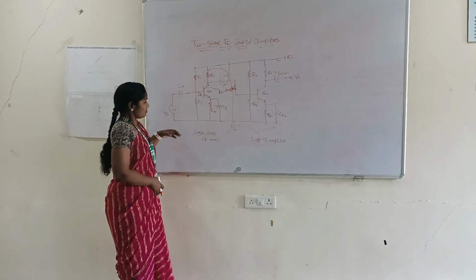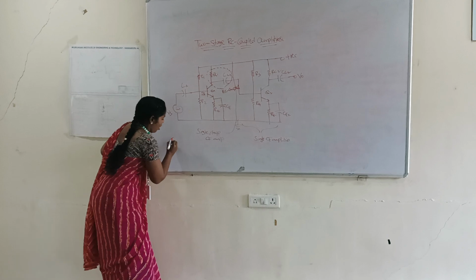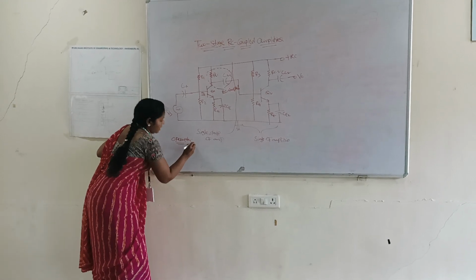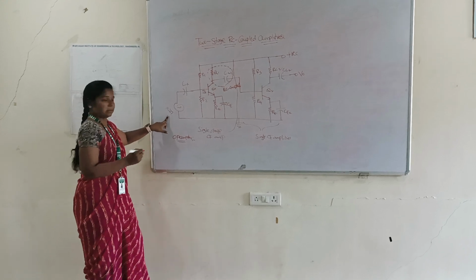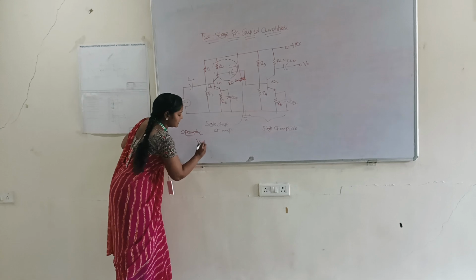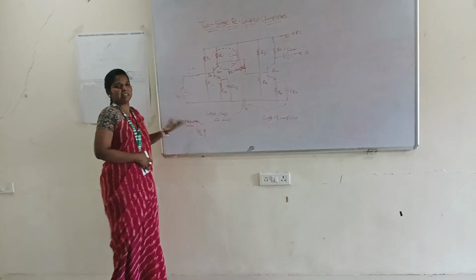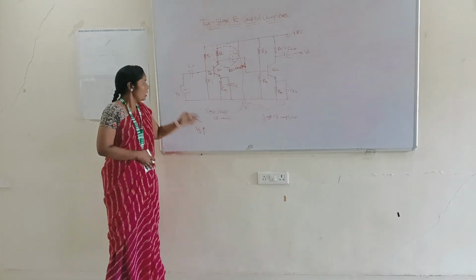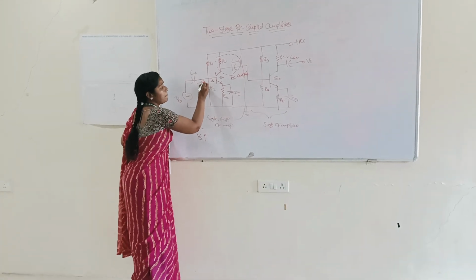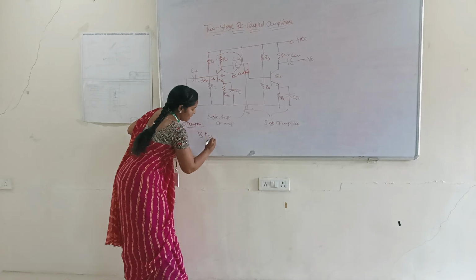Okay. In the operation of the RC coupled amplifier, first, if you are giving the source voltage Vs, that means if you are increasing the source voltage Vs, increasing means Vs is greater than 0, then the base current IB1 also increases.